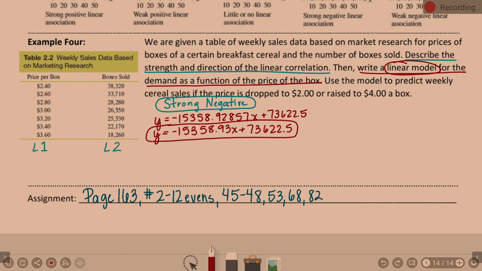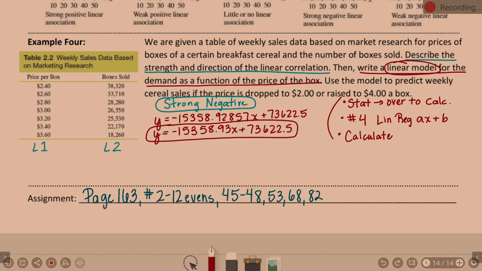Okay? Now, with that in mind, how did we get here? I went to stat, and once I was in stat, you went over to calc. If you don't like my directions, write your own directions. We went to number 4, which was linear regression, AX plus B. And then once we had everything set up the way we wanted, we went down to calculate.